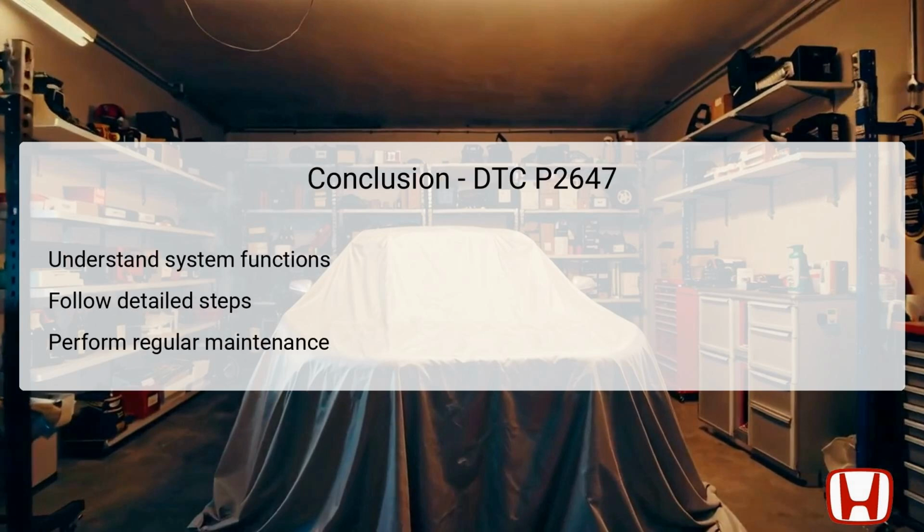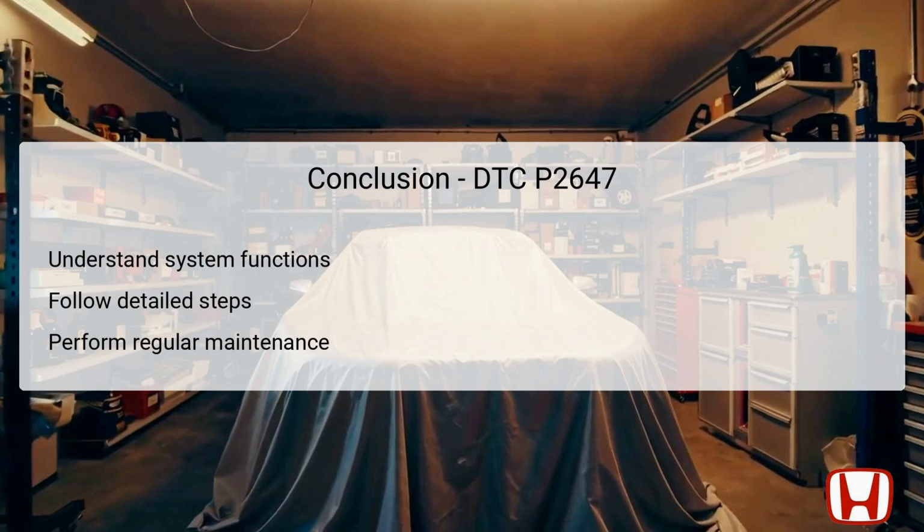In conclusion, addressing DTC P2647 involves a clear understanding of the role of the rocker arm oil pressure switch A and its interactions with the vehicle's engine systems. Following systematic troubleshooting steps is essential to accurately diagnose and resolve the issues surrounding high voltage readings.